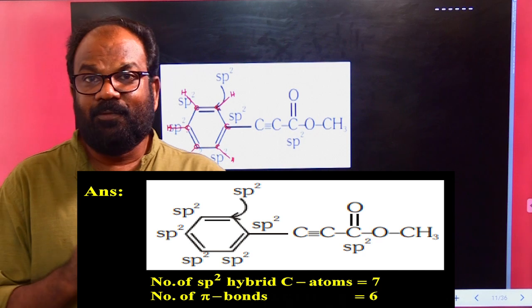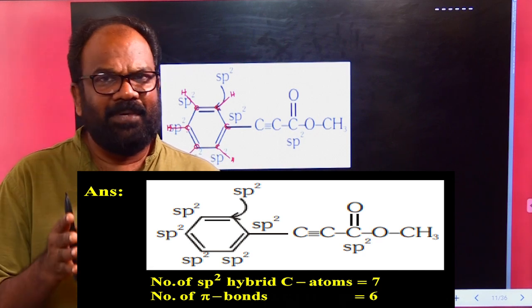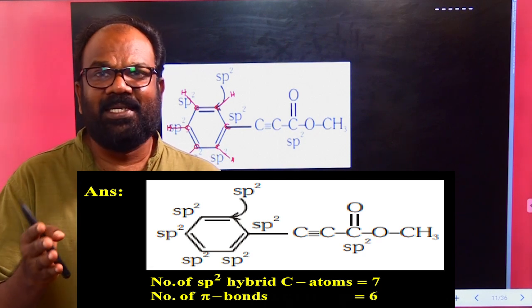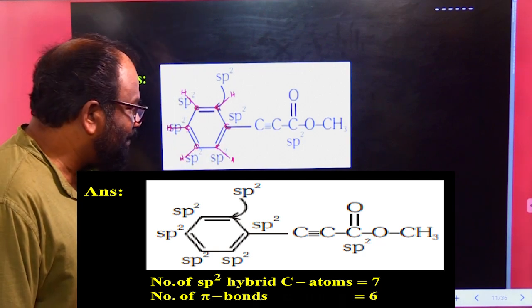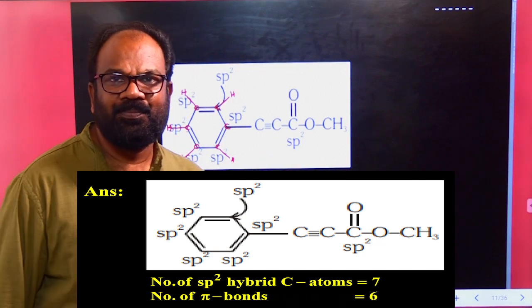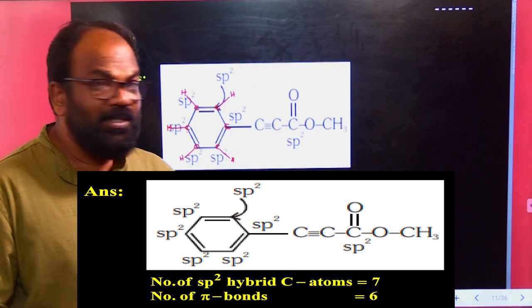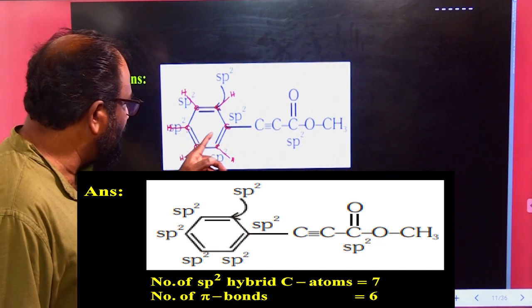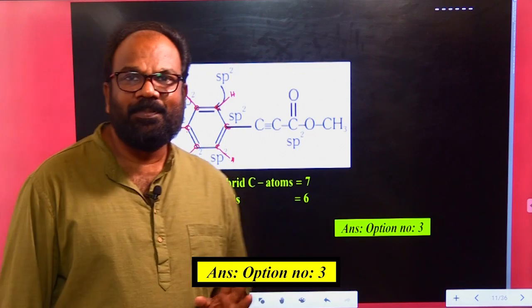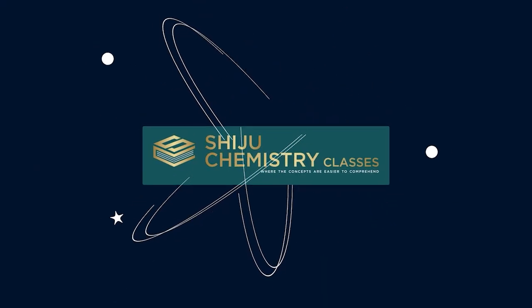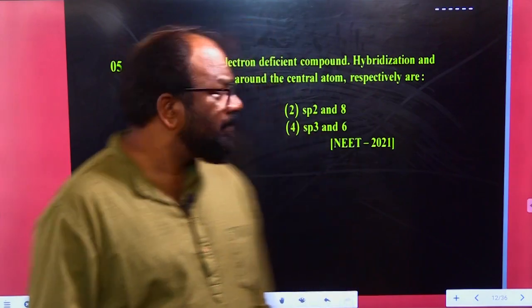Because each carbon atom forms 3 sigma bonds, therefore number of hybrid orbitals is equal to 3, so hybridization is sp2. So here number of sp2 hybrid carbon atoms in this compound is equal to 7. Number of pi bonds in this compound is equal to 1, 2, 3, 4, 5, 6. So here the answer is option number 3.